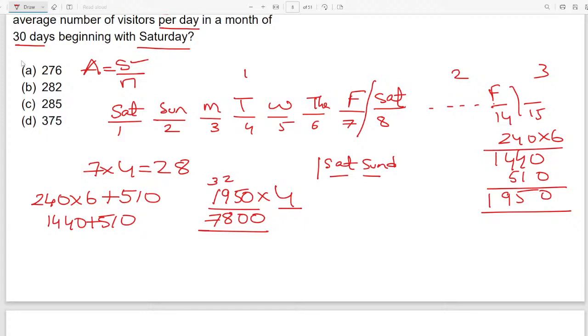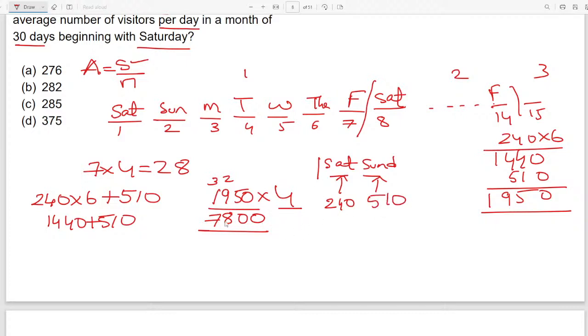But in this month, they are saying that 30 days are there. So 2 more days, that is Saturday and Sunday, we have to add. Saturday would be the normal 240 people, and Sunday would be 510 people.